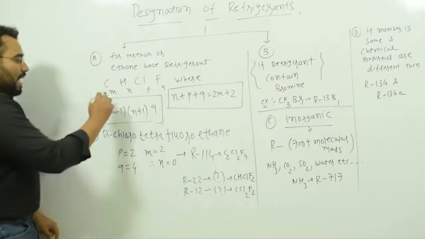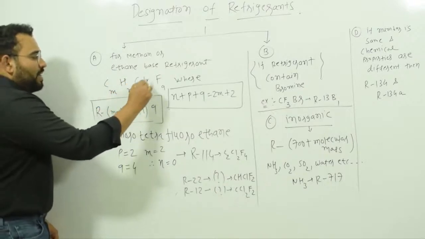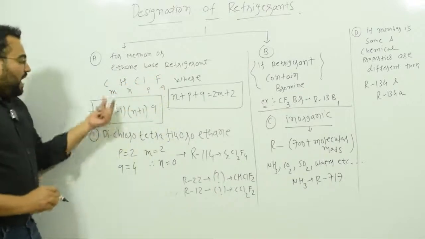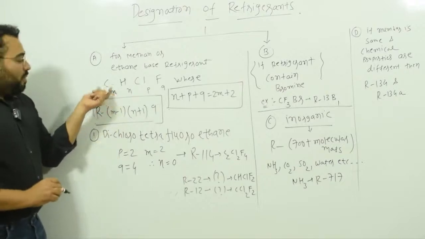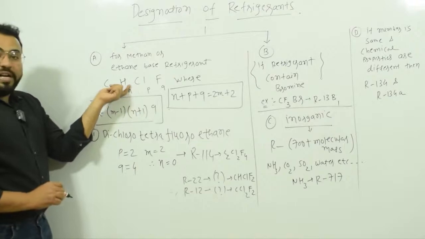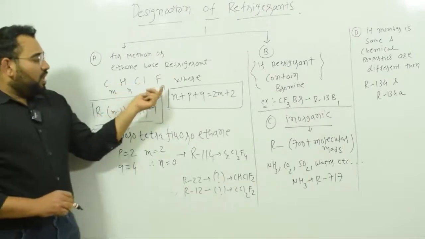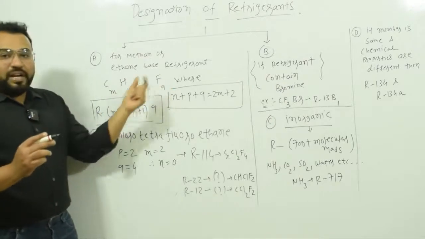Again, the chemical formula is CmHnClpFq, where M shows the number of carbon atoms, N shows the number of hydrogen atoms, P shows the number of chlorine atoms, Q shows the number of fluorine atoms.